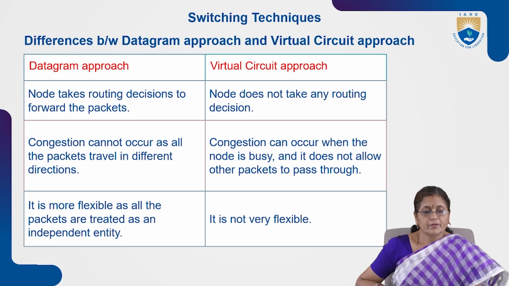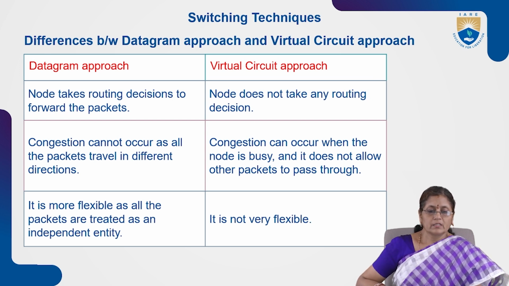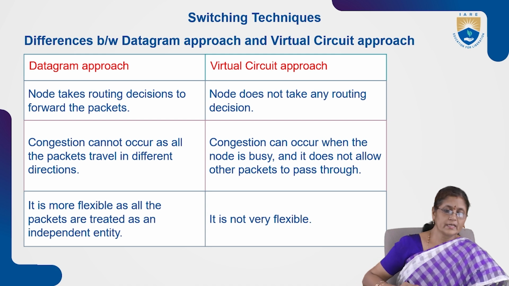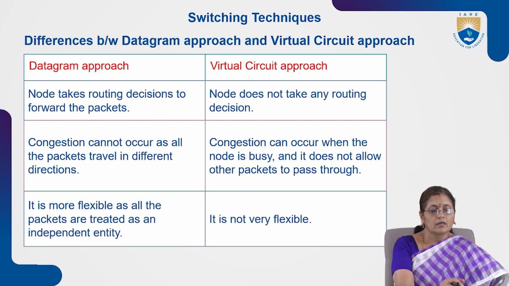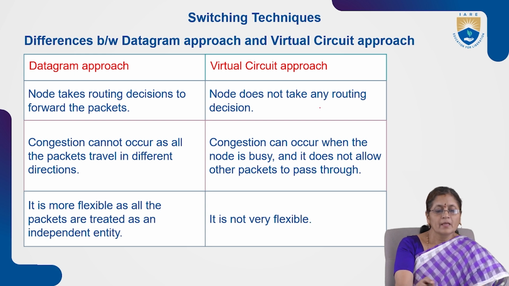We can classify based on the techniques used, the datagram approach and virtual circuit, and their differences. In the datagram approach, the node takes routing decisions to forward the packets. In the virtual circuit approach, nodes do not take any routing decision.